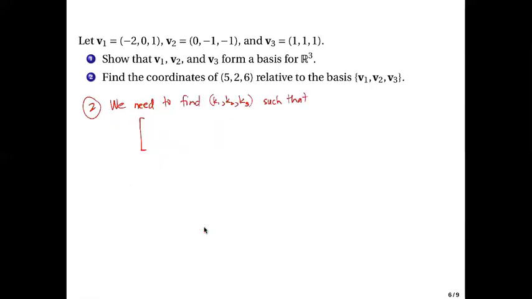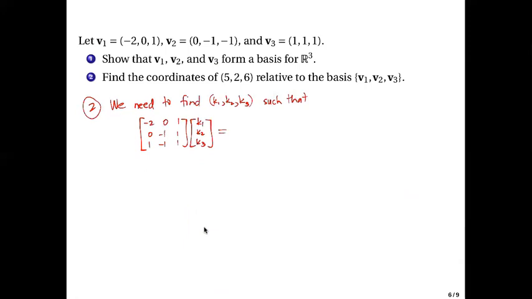So we have -2, 0, 1, 0, -1, -1, 1, 1, 1, multiplied to that vector K1, K2, K3. Okay.